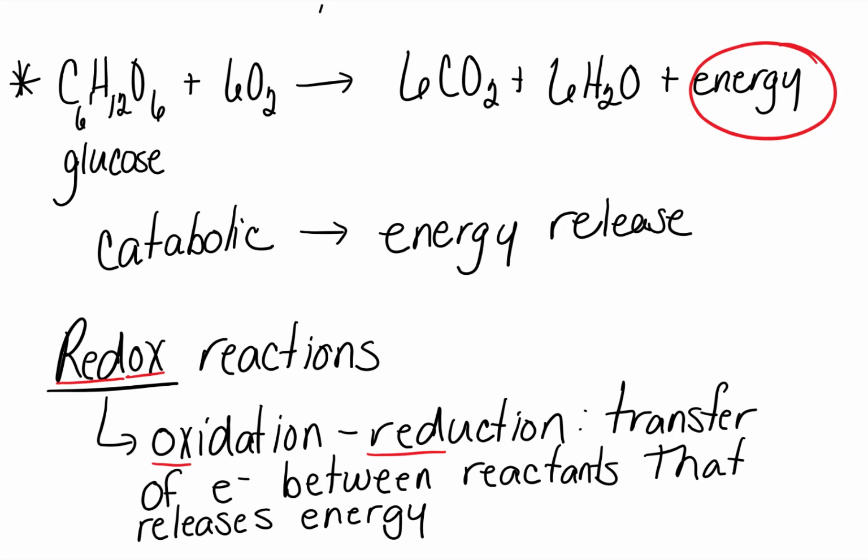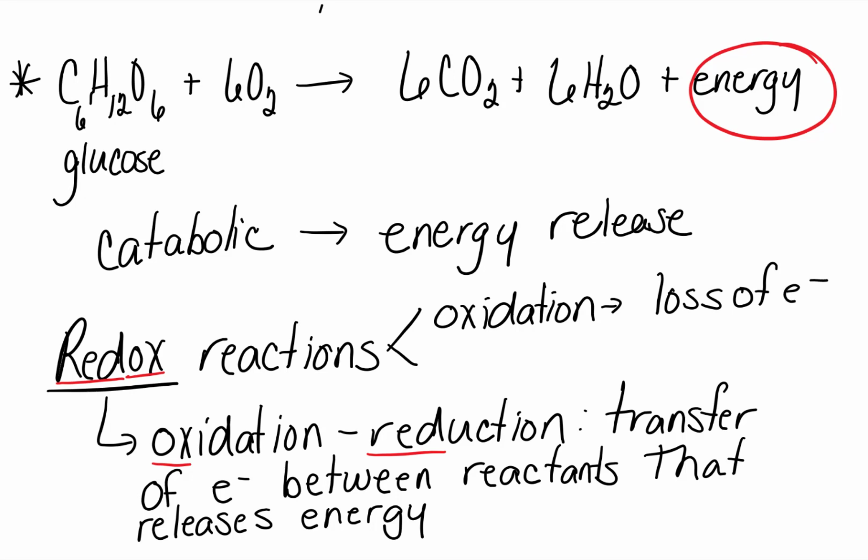Now, oxidation and reduction are terms that are ingrained in chemistry. We are talking about electron movement or electron transfers. And in fact, if we look at these terms in a little bit of detail to define them, we see that oxidation is the loss of electrons, and reduction is the gain of electrons.